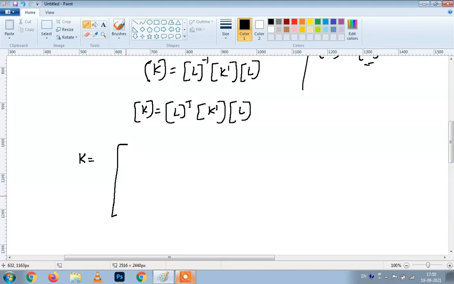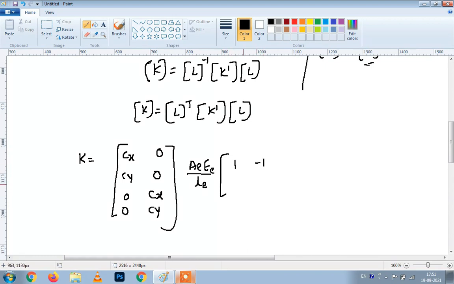So we'll get here Cx Cy 0 0, 0 0 Cx Cy. Now the stiffness matrix, we have seen it in one dimension also, AE by L. Here E is for the particular element we are using, into 1 minus 1 minus 1 1 into this transformation matrix Cx Cy 0 0, 0 0 Cx Cy.